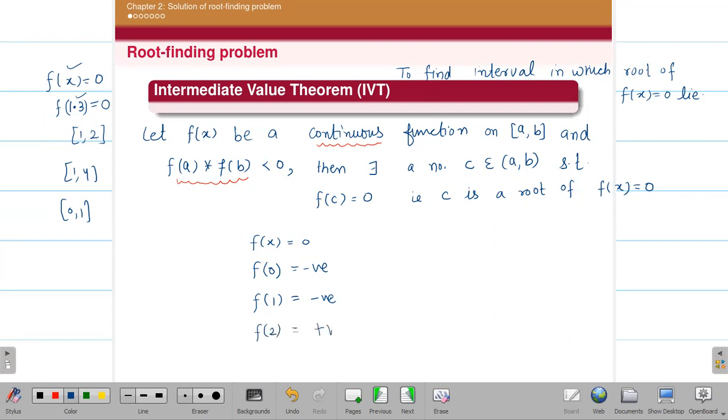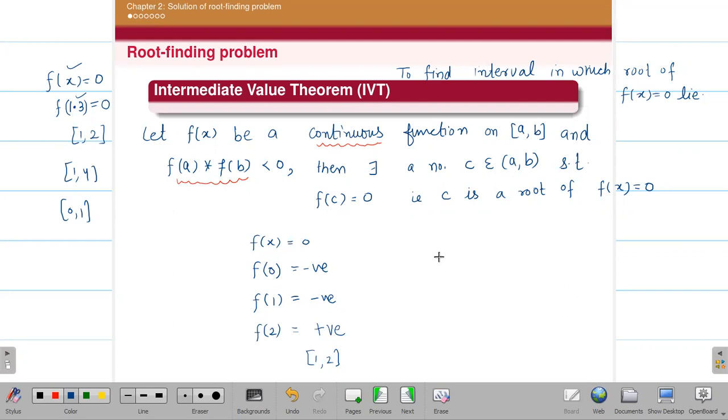Suppose it is positive, means the value you get at f of 2 is positive. Then you will be sure that in the interval 1 to 2, you will always get a root of this equation. So this is the criterion to find an interval in which our root lies.